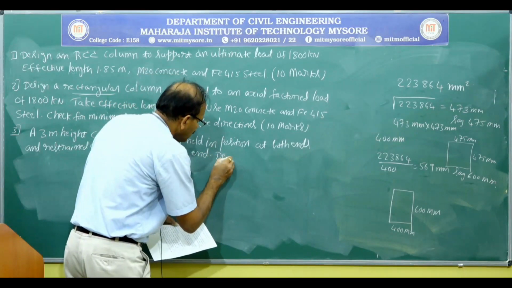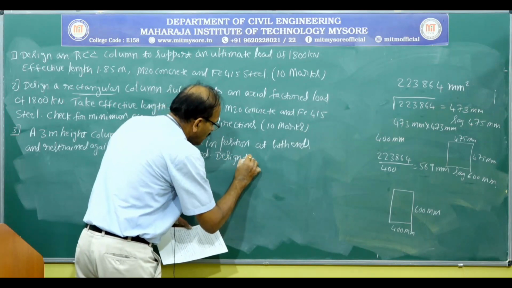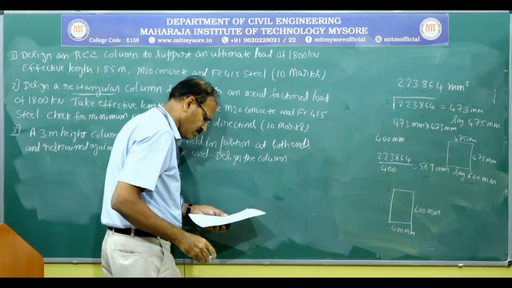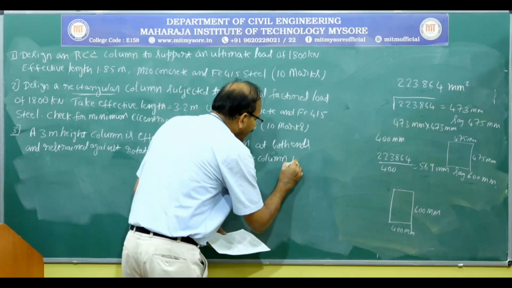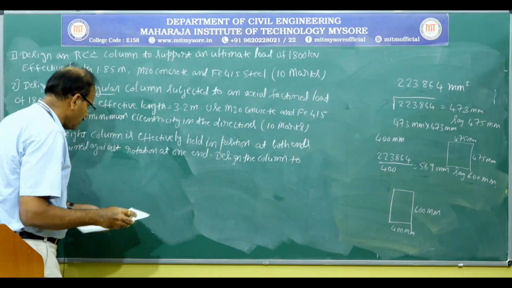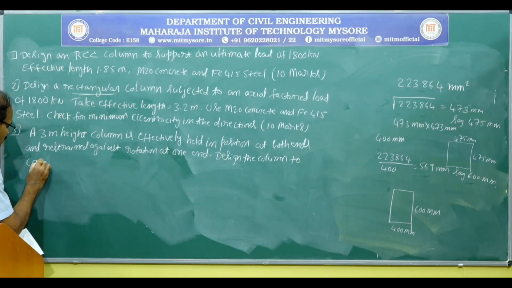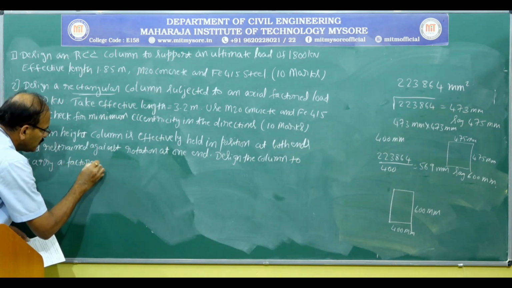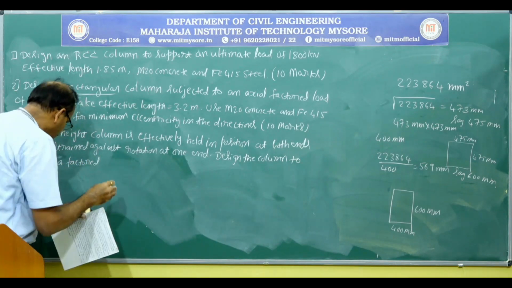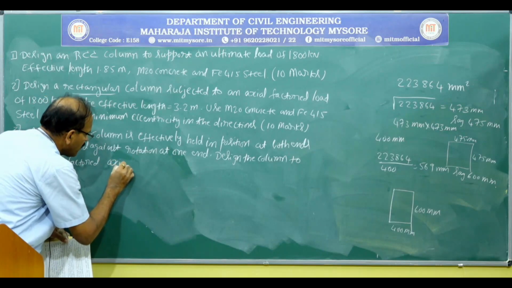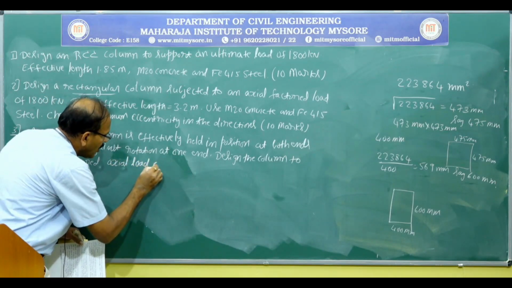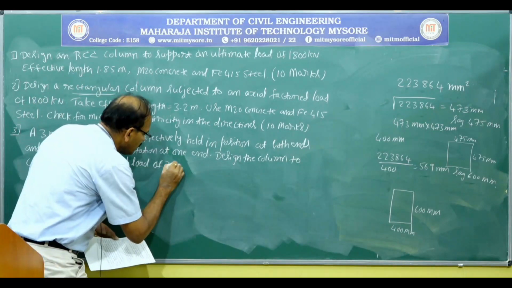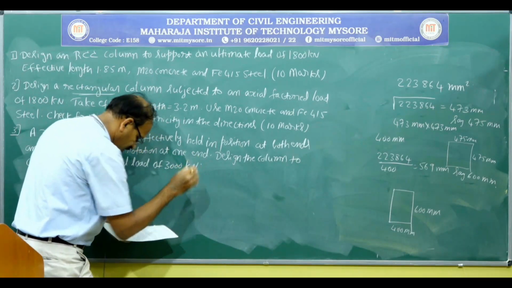Design the column to carry a factored axial load of 3000 kilonewton.